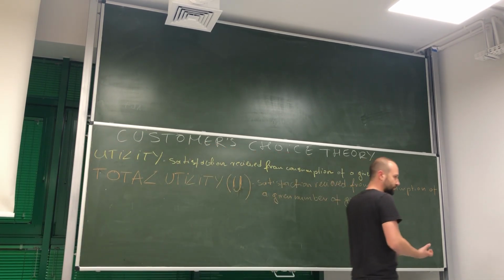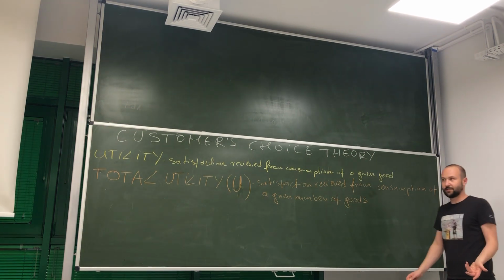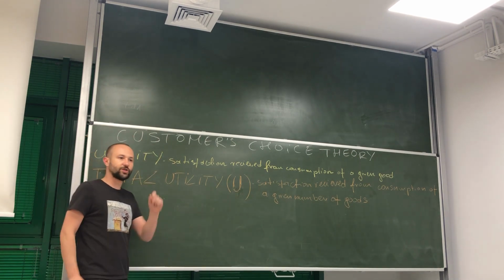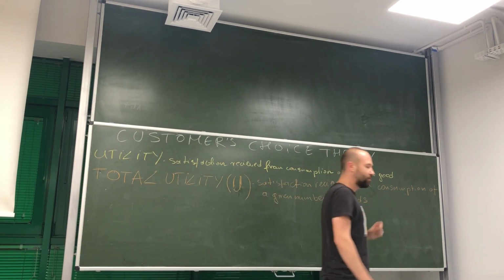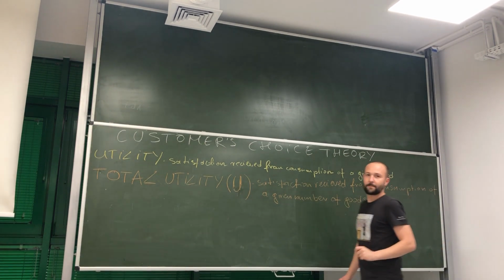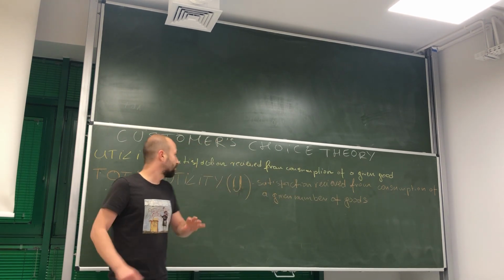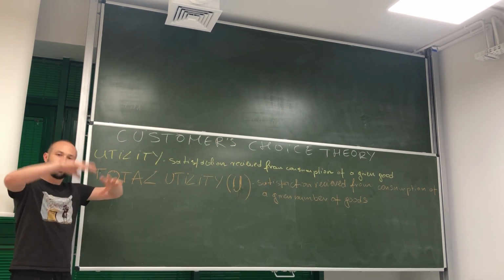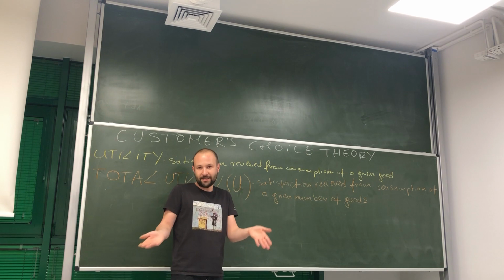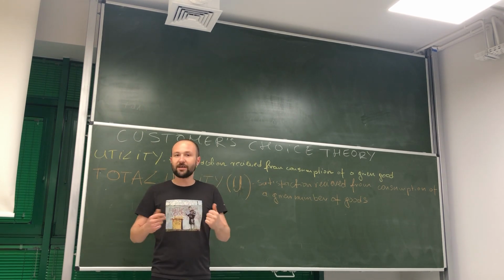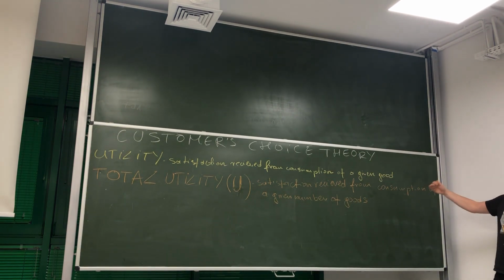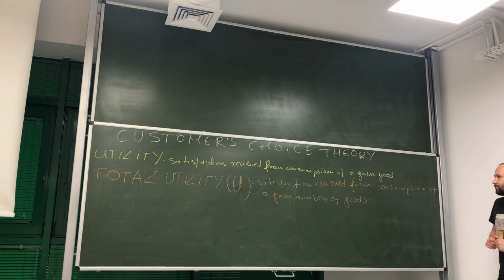So if you consumed 3 sandwiches, then total utility will give you a number which tells you how satisfied you are because of eating 3 sandwiches, or because of drinking 2 beers, or generally doing something in bulk. However, of course, if you just eat 1 sandwich, still you can calculate total utility. Total utility out of consuming just 1 sandwich, right?